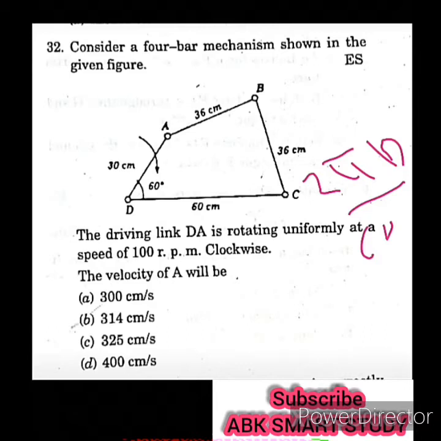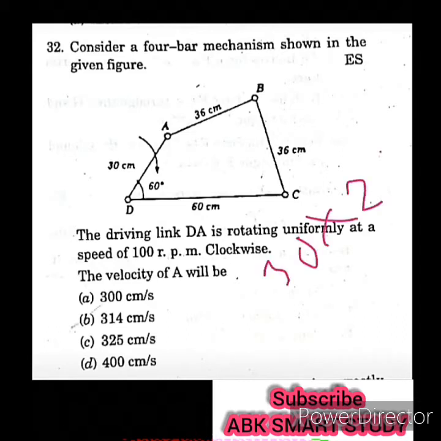So V is equal to 30 into 2 pi N divided by 60, which is equal to 314 centimeter per second. So the velocity of A, r omega, is equal to 314 centimeter per second. Option B is the correct answer.